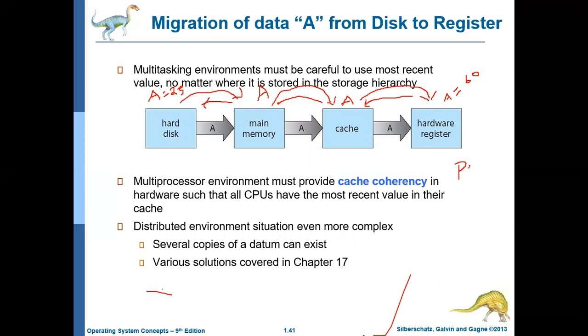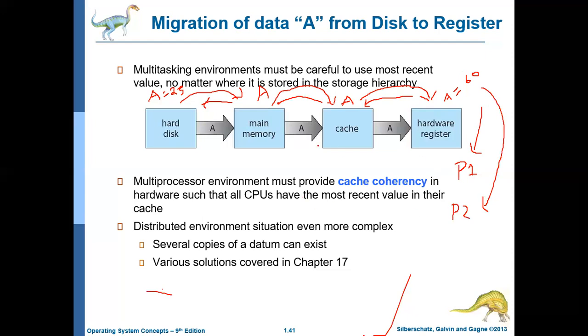P1 is also accessing A, and P2 is also accessing A. Now when A is updated to 60, that information should be known both to P1 and to P2. If it is not known, then it will create an issue. So this is the case with a multi-programming environment.